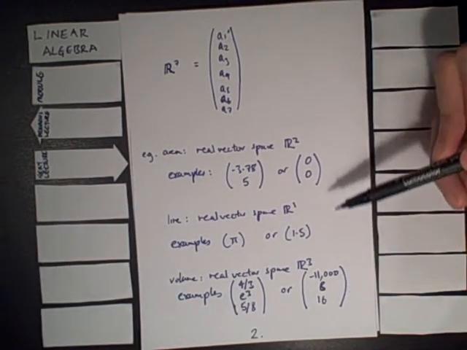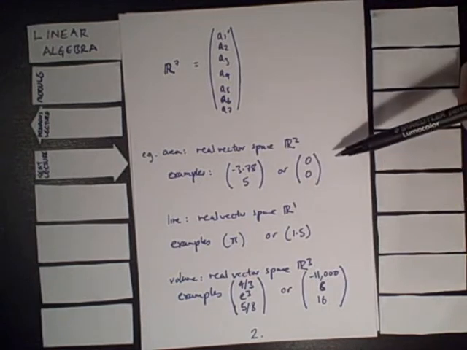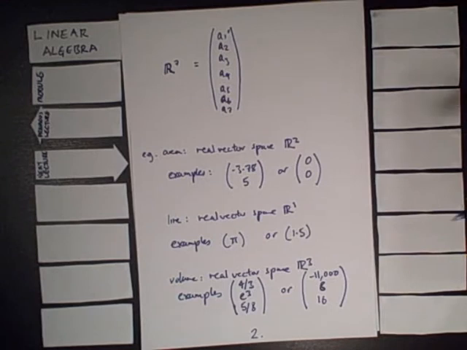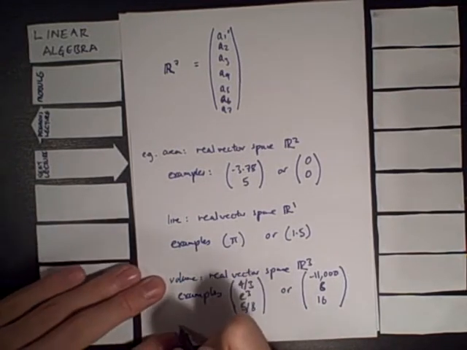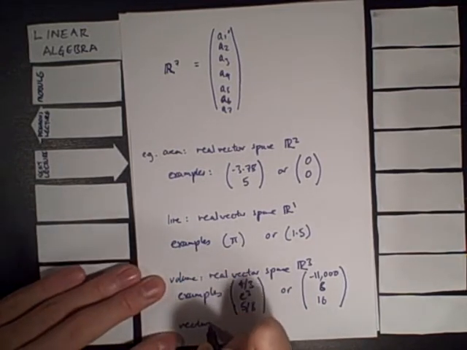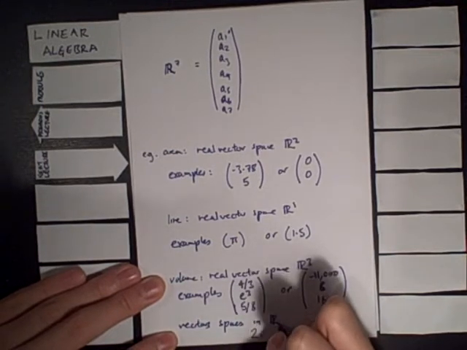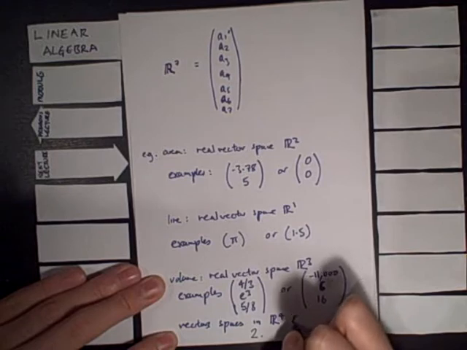Now all these vectors are just arbitrarily chosen, but they're to illustrate to you what vectors in each of these vector spaces might look like. Of course, there's no reason to stop at R3, and we regularly work with vector spaces in R4 and above.